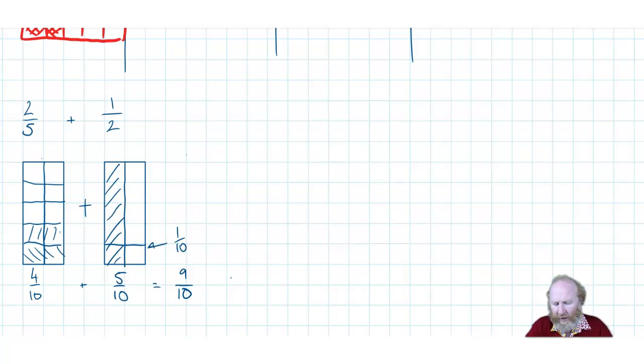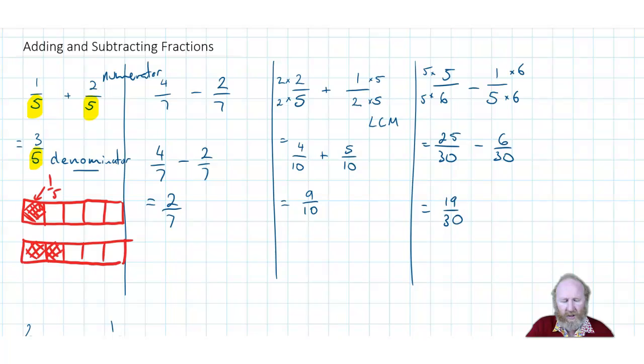In the other one, when I drew in extra lines, I had 5 times as many pieces as before. That's multiplying by 5. If we go back to that question and have a look what I did, I multiplied the half by 5, I multiplied the fifth by 2. I did that because the lowest common multiple of 5 and 2 is 10. That is how this works.